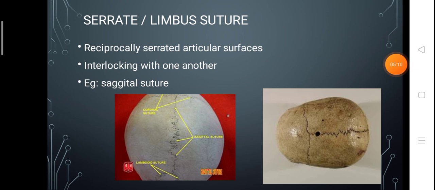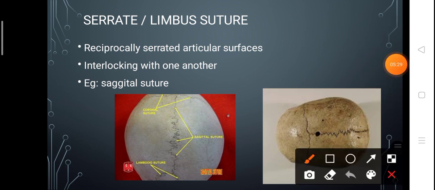Regarding the serrate suture, here articular surfaces are reciprocally serrated and interlock with each other in a jigsaw fashion. That is, ends of two bones are serrated. Here you have the example of the sagittal suture.